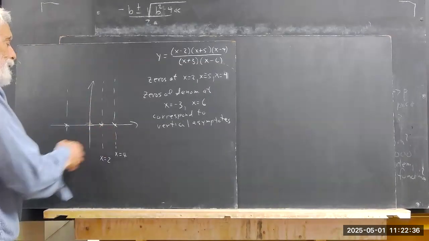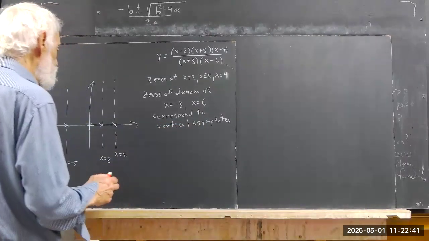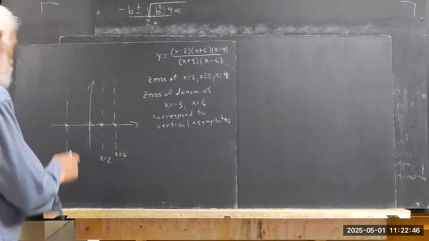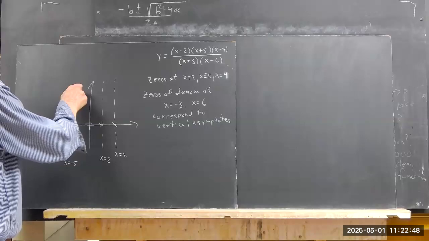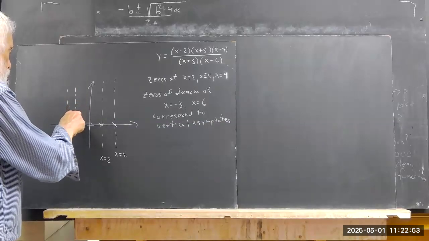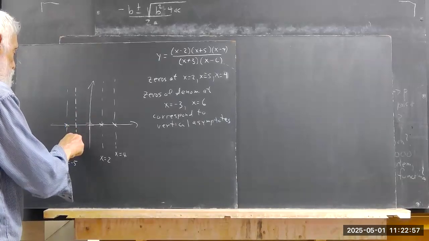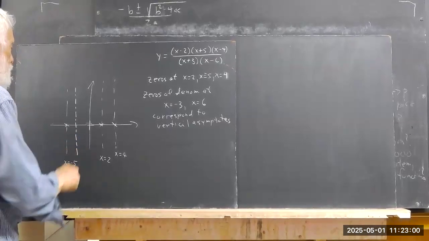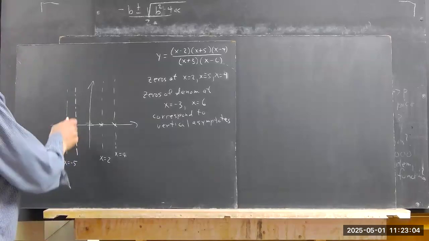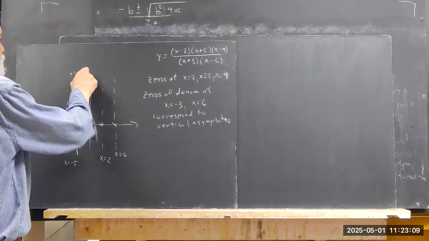And I've kind of stressed the wisdom of doing that. It does complicate things a little bit with vertical asymptotes, but I'll just use a different kind of dotted line. Okay, so x equals -3, that's here. I use alternate long and short dashes to indicate a vertical asymptote at x equals -3.